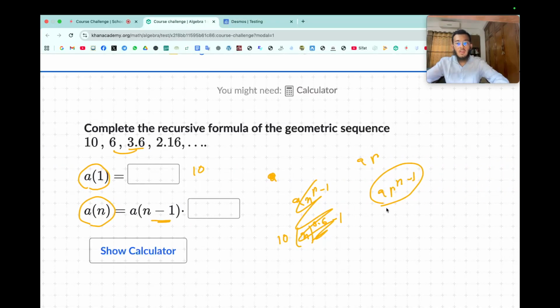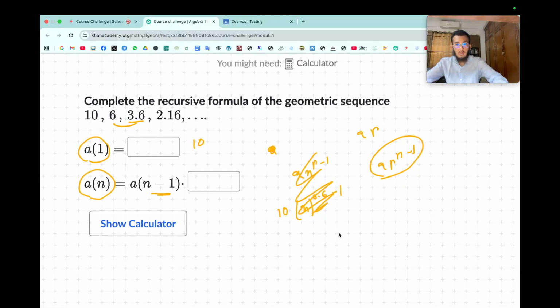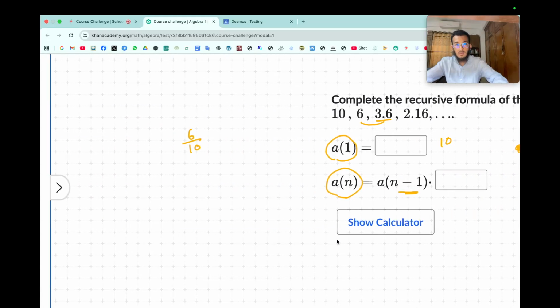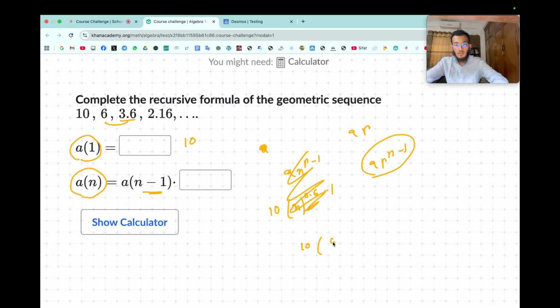So a r to the power n minus 1, right? a is 10 and r is 6 by 10 to the power n minus 1. This is what they are asking for, but they've already given us the recursive formula, so this is the explicit one.